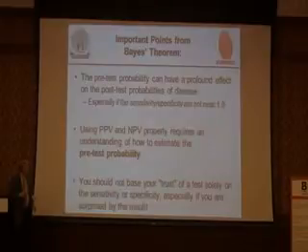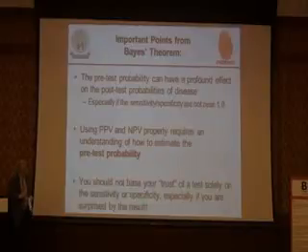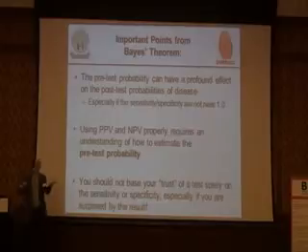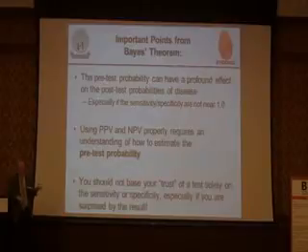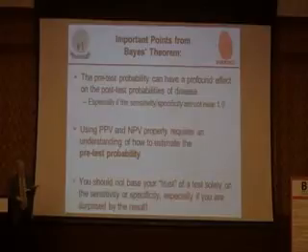And using the positive and negative predictive value properly requires an understanding of how to estimate the pretest probability. And you should not base your trust of a test result solely on the specificity or sensitivity, even if they're 95%. That's not good enough for you to really make a clinical decision. And I hope that's one of the points that you take away from here. And I'll show you why.